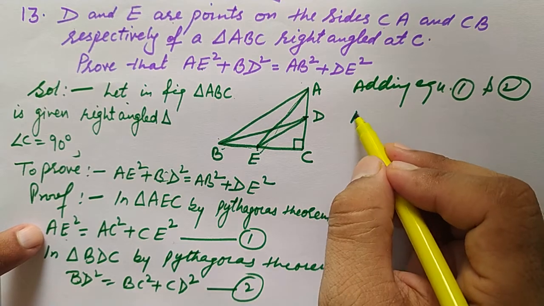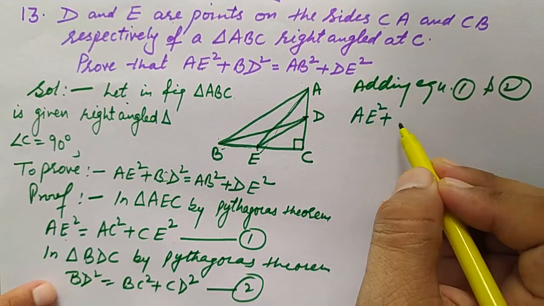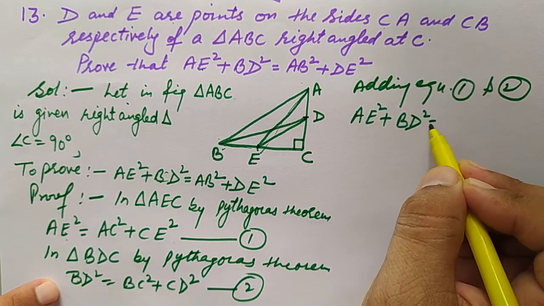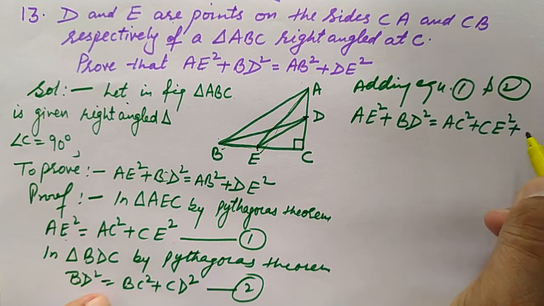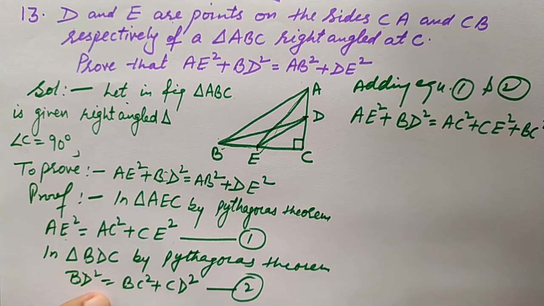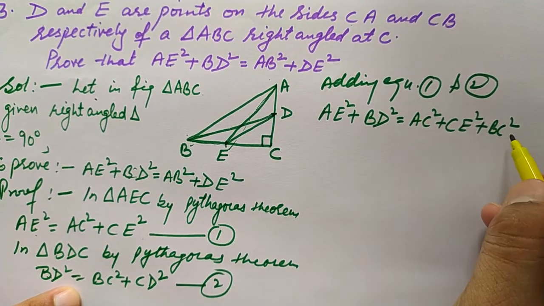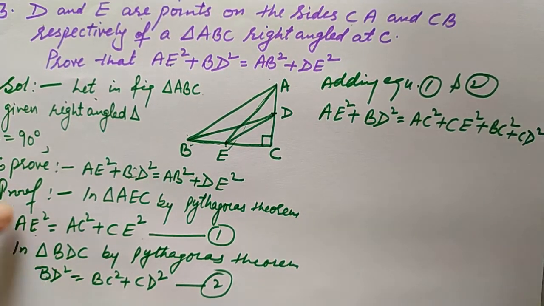It is AE square plus BD square is equal to AC square plus CE square plus BC square plus CD square. So this I have written here.